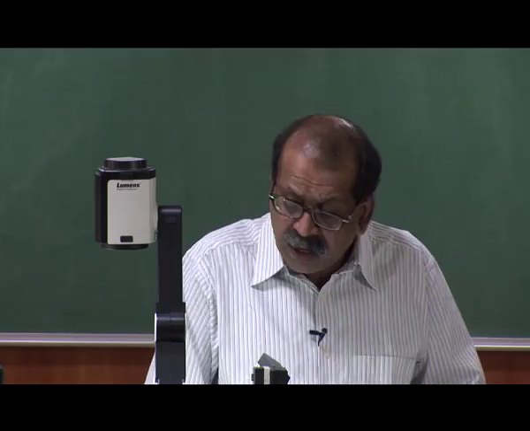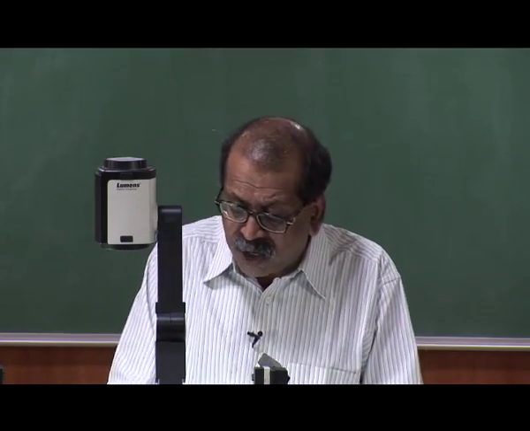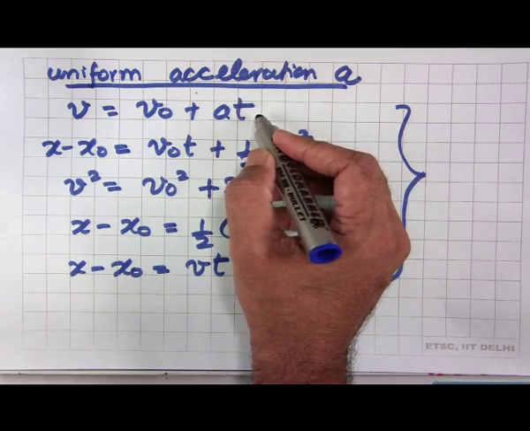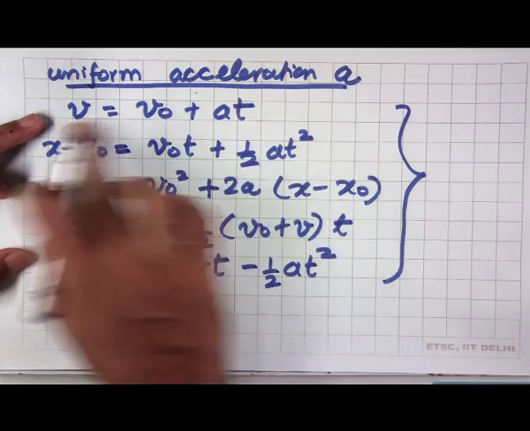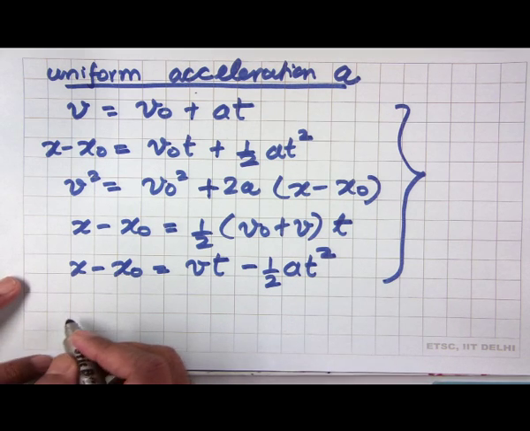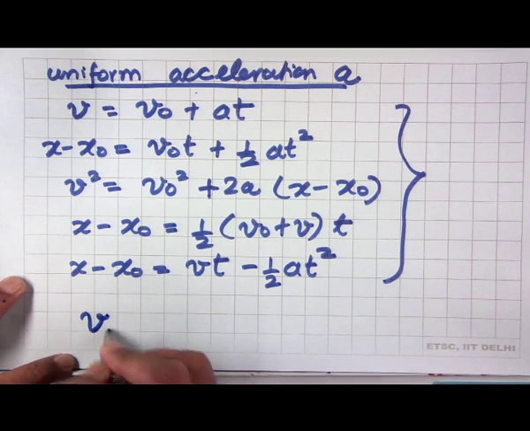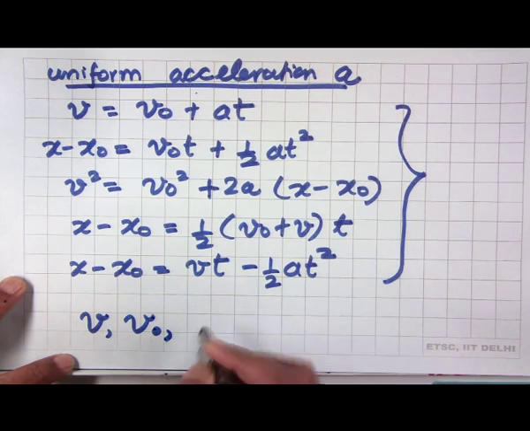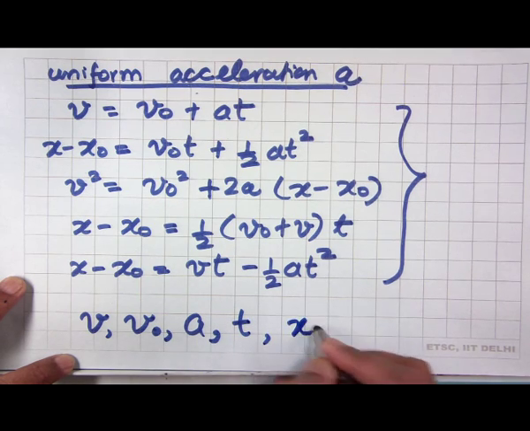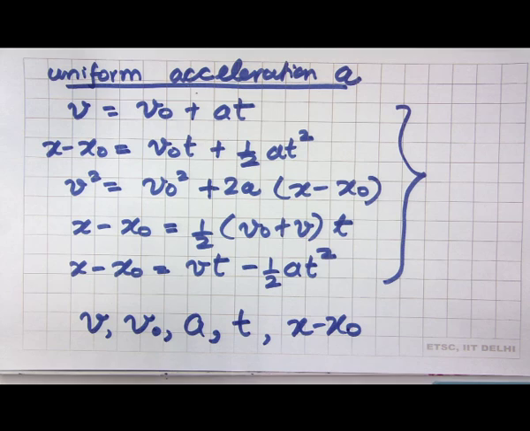And also what you observe in each of these formulas, for example, in this formula distance is missing. We have the two velocities, acceleration and time. So, if we look at our case, we have the final velocity, initial velocity, acceleration, time, and the displacement or the distance, this is x minus x0.